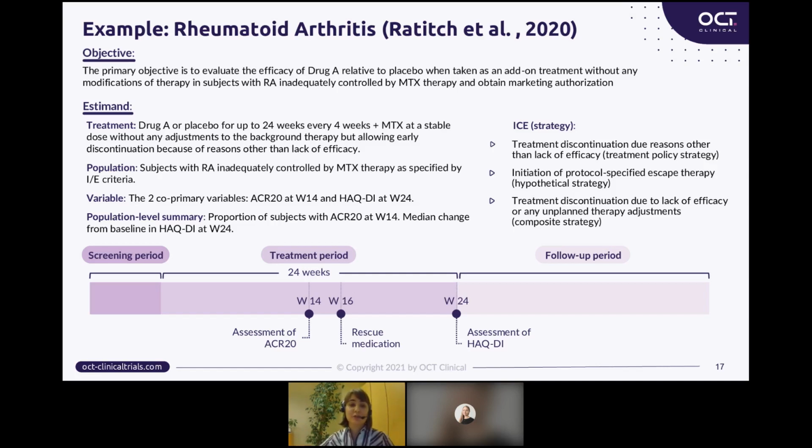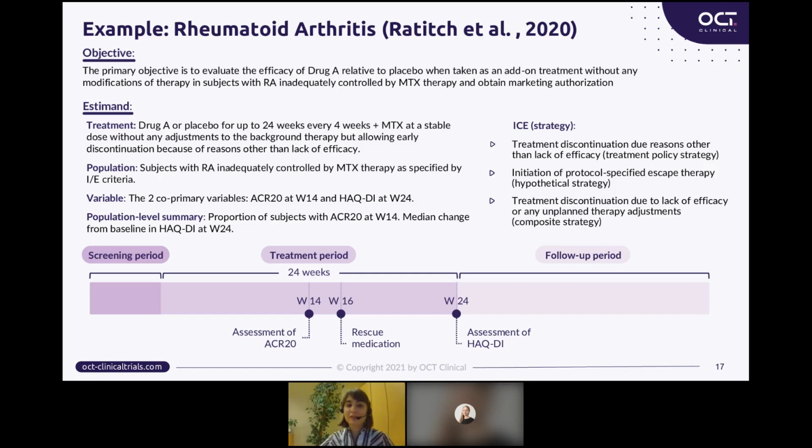The description of the treatment attribute of the estimand is even more detailed. The treatment regimen under evaluation is a randomized treatment without any adjustment to the background therapy, but allowing early discontinuation because of reasons other than lack of efficacy. The population and variable attributes are defined as usual, so let's review the potential intercurrent events and the strategies that were selected to deal with them.